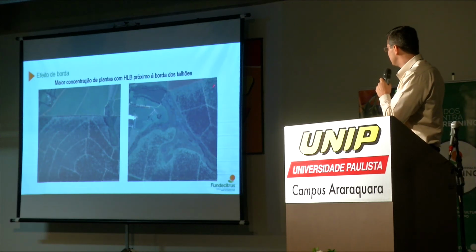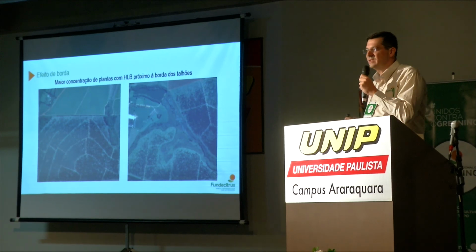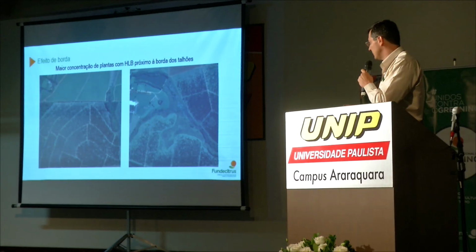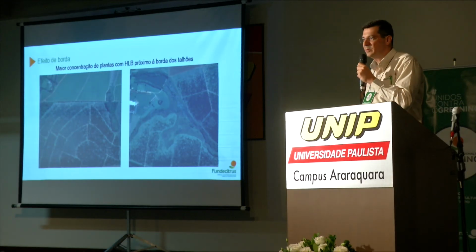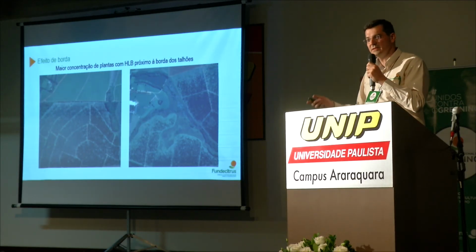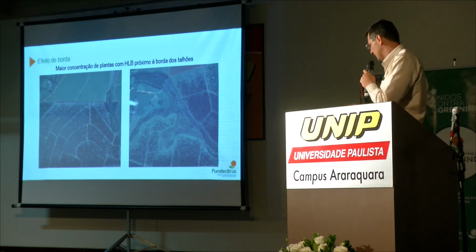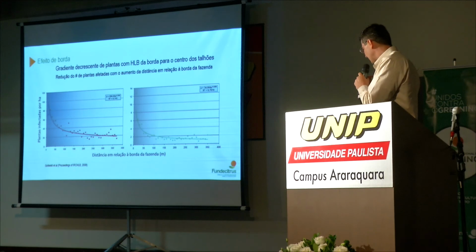Most of them are concentrated in the outskirts of the farm, and that's where we have the highest rate of infection, the highest concentration of plants infected by HLB. And you can see it in these pictures, the lack of plants in the border of farms. So this higher concentration of HLB plants close to the border of the plant is what we call today the border effect.